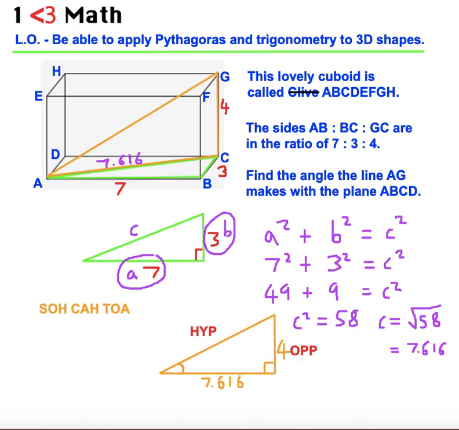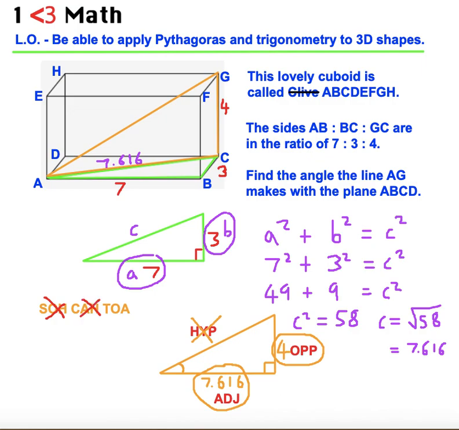The adjacent side is the one that has the angle and the right angle on it. So 7.616 is the adjacent side. Now, we're not using the hyp, we're using the opp and the adjacent. Therefore, we're not using SOH and we're not using CAH, so we're using TOA.